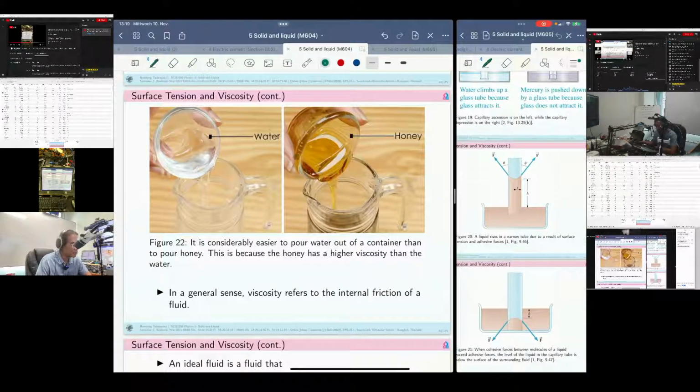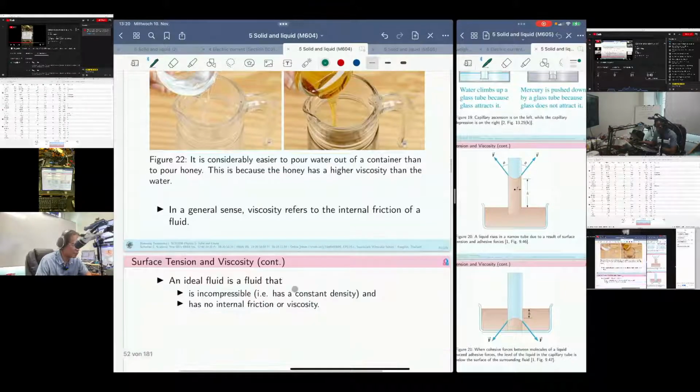You can see that we have several layers. They have different layers, and it's quite clear here. An ideal fluid is a fluid that is incompressible, let's say the volume doesn't change.